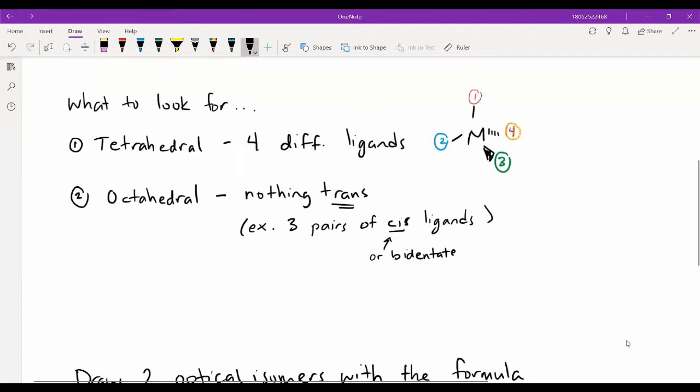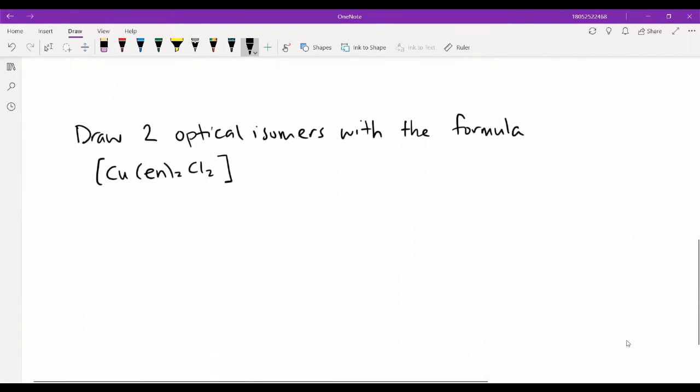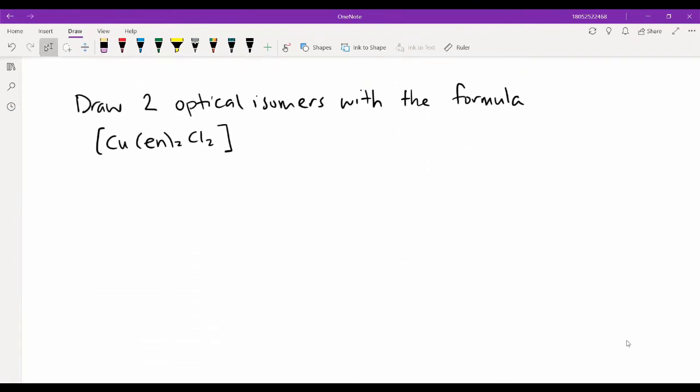If we look at this compound, we looked at it in the handout, I think on number 5, and we drew 2 geometric isomers. One was cis, one was trans.